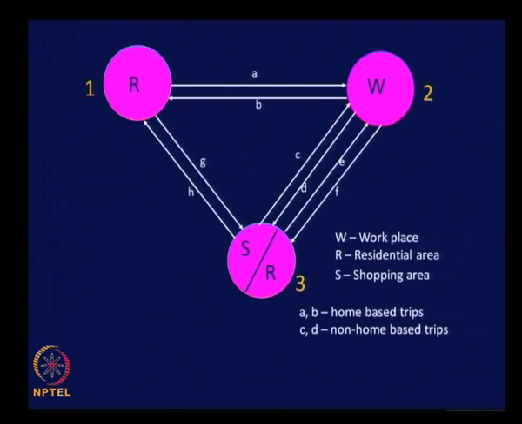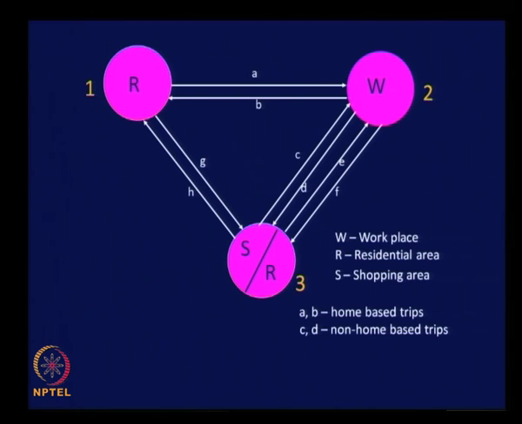Because none of them have residential area as one of the ends. That is the point. So, in this case we see that C and D are non-home based trips. C emanates from S and it is destined for W, and D emanates from W and ends at S. So, both are non-home based trips.